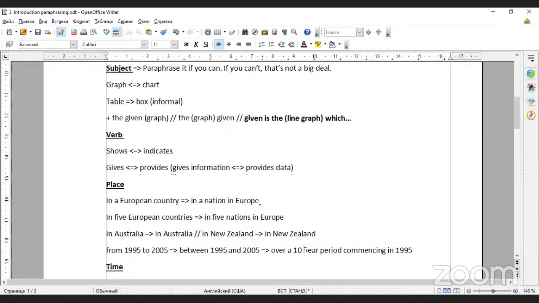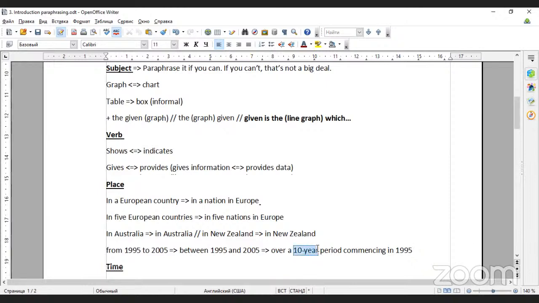10-year, it's not years, it's an adjective. A 10-year period, like a $500 a week contract, it's not dollars. A 14-year-old boy, it's not years. This is a compound adjective. Well, its syntactic function is actually attribute, but let's just call it an adjective. It functions as an adjective here.